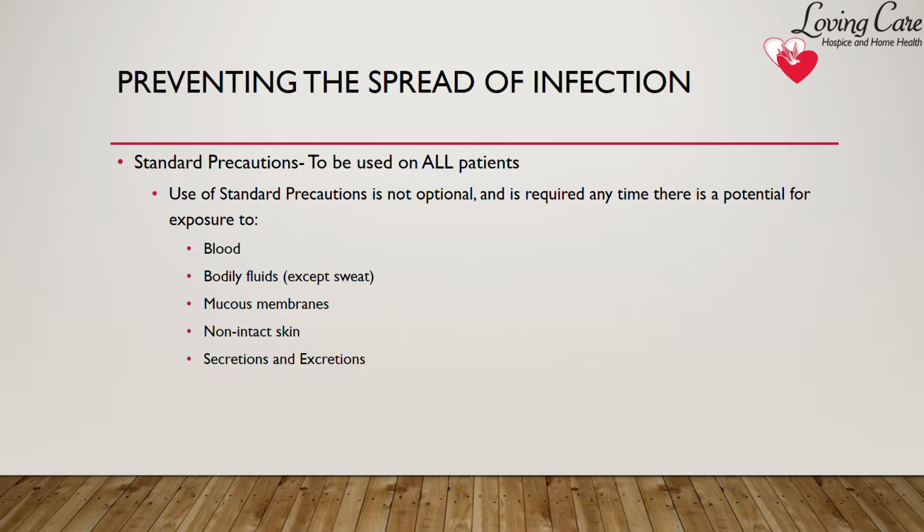Standard precautions, which are used for the care of all patients, regardless of suspected or confirmed infection status, are based on the principle that blood, body fluids, secretions, excretions except for sweat, non-intact skin, and mucous membranes contain transmissible infectious agents.